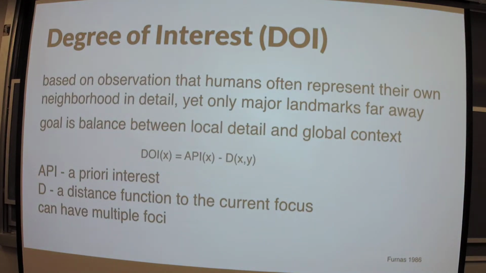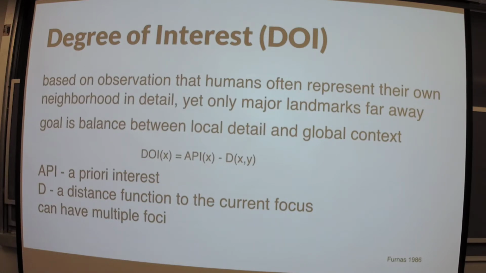We mentioned this idea of degree of interest functions. Degree of interest functions are super useful where you specify two terms: the a priori interest, how important is a specific item in the data set in the first place, and the distance to a current selection.